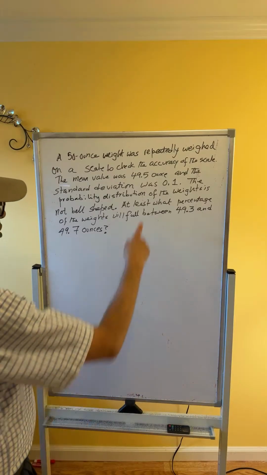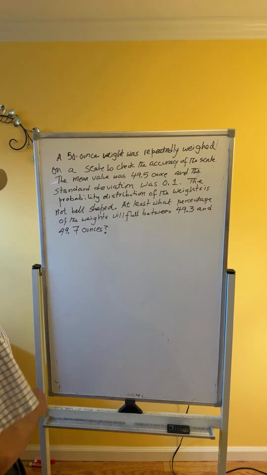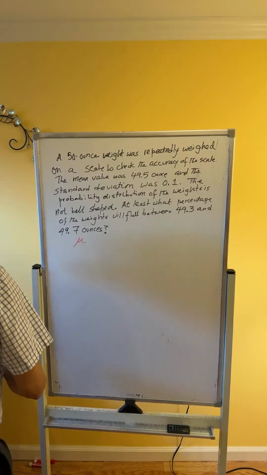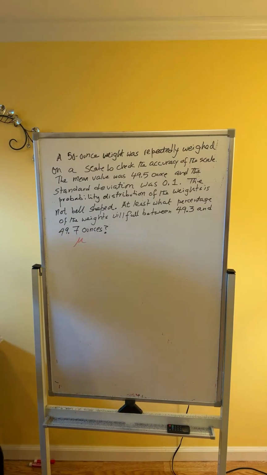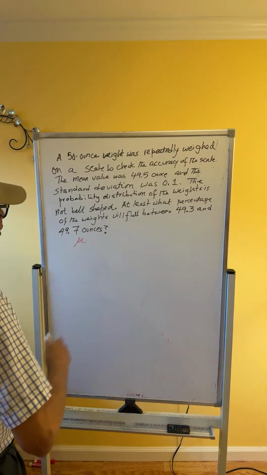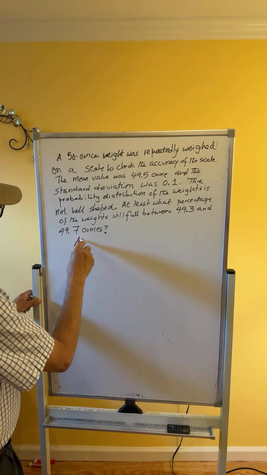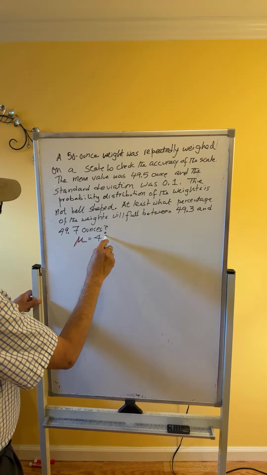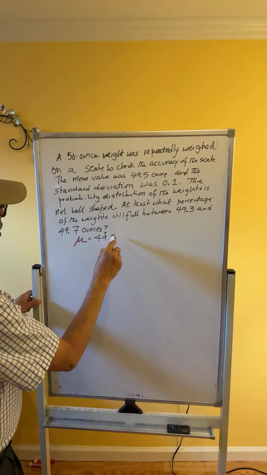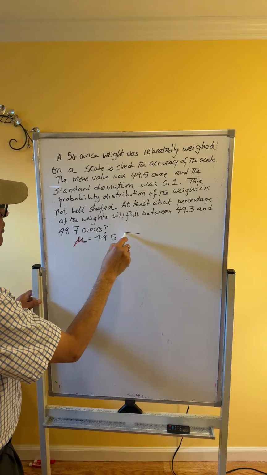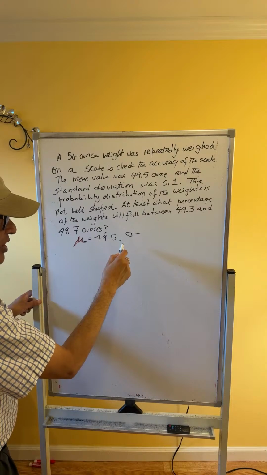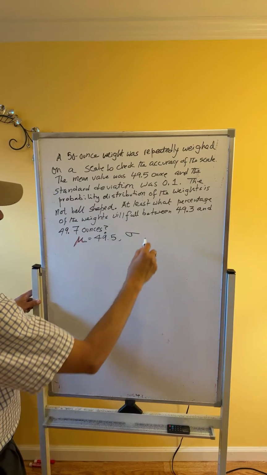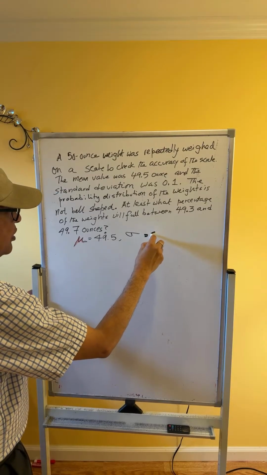At least what percentage of the weights will fall between 49.3 and 49.7 ounce? So the mean of the weights is mu, given as 49.5 ounce, and sigma, the Greek small s, the population standard deviation, is 0.1.